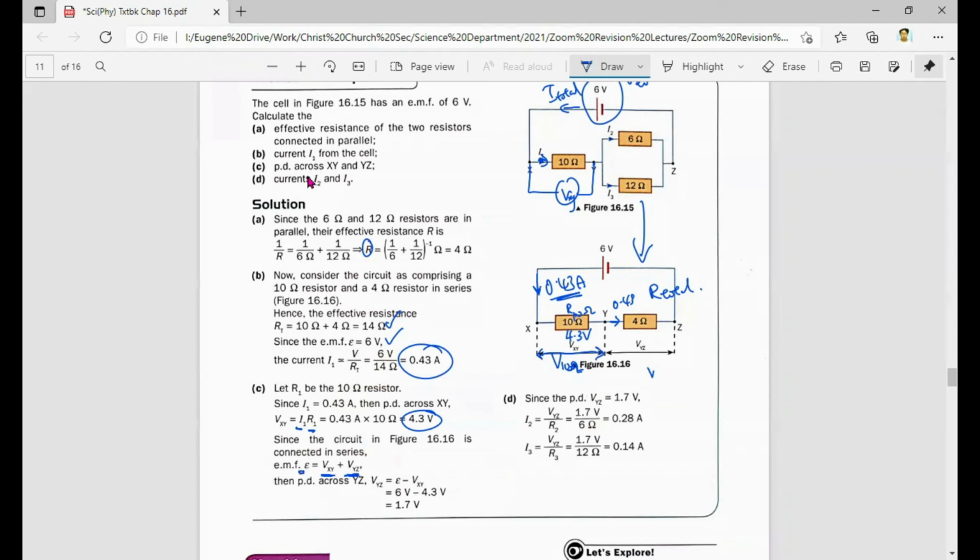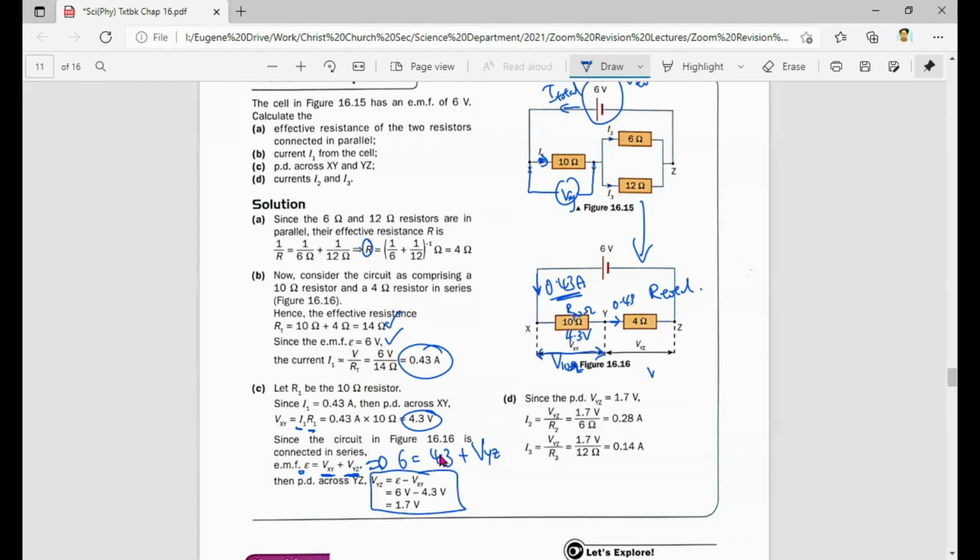So if I substitute the values in, 6 volts is equivalent to 4.3 plus V of YZ. If you rearrange, the final reading is actually 1.7 volts.